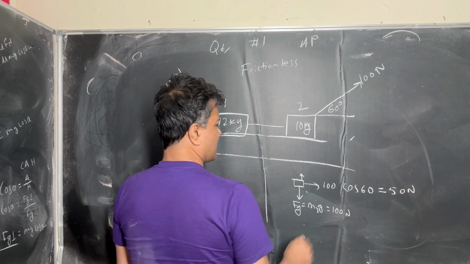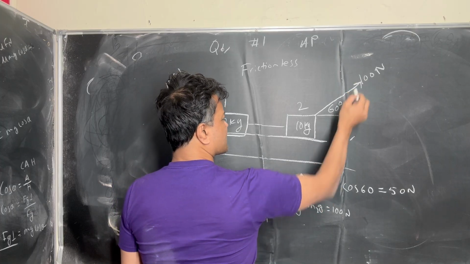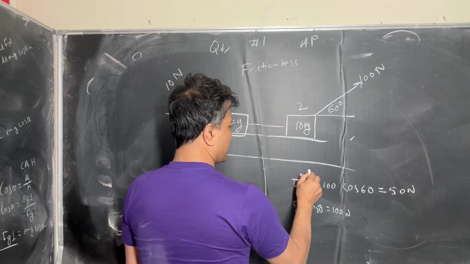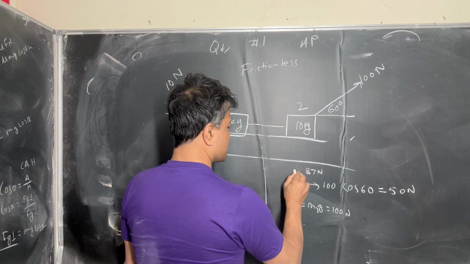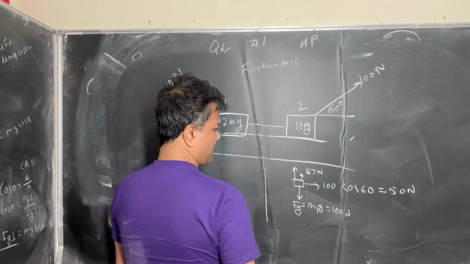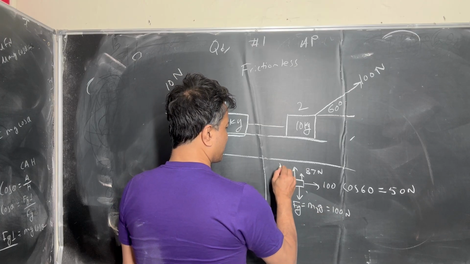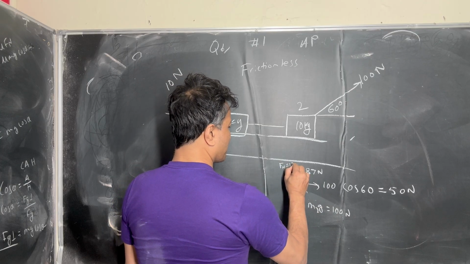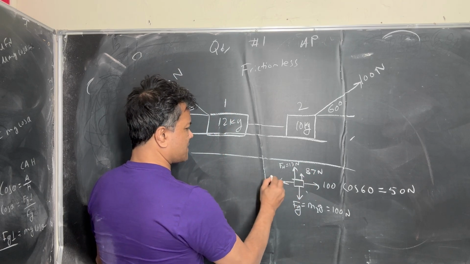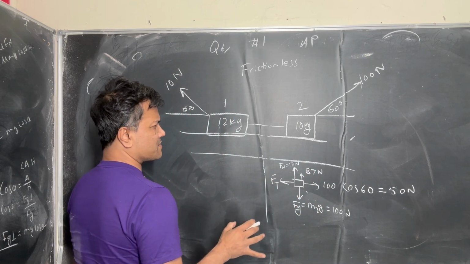And this is 100 sine 60, and that would be 87 Newton. This is normal force: 100 minus 87, 13 Newton. This is Ft. We are done with M2.